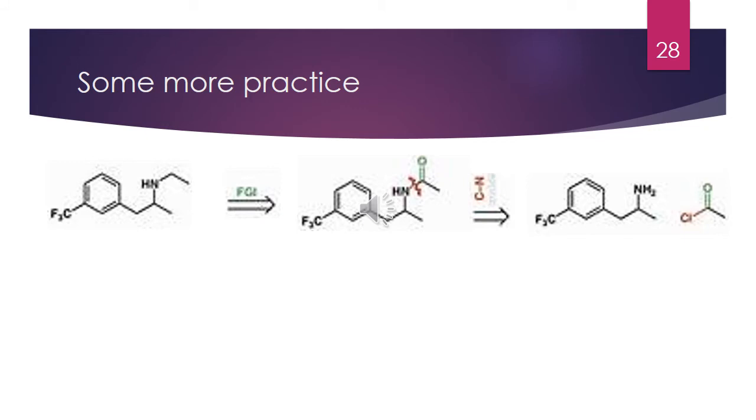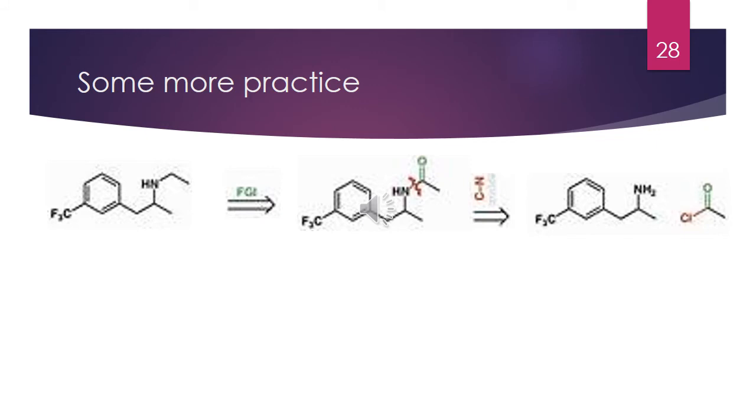Now we have to convert these synthons into some realizable reagents. Simply we have to attach some electronegative atom to the positively charged carbon and hydrogen to the negatively charged nitrogen. When we do this, we have NH2 here and acetyl chloride here.